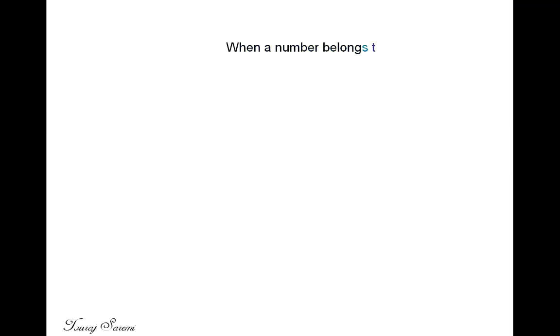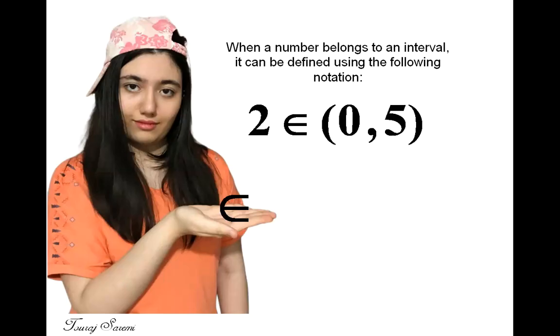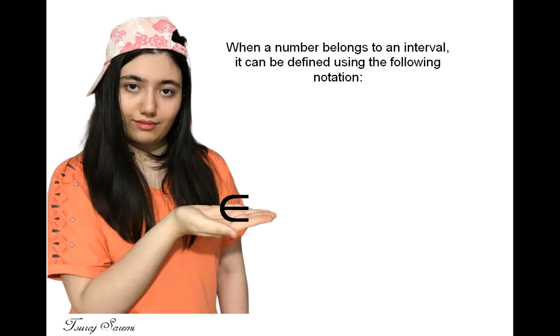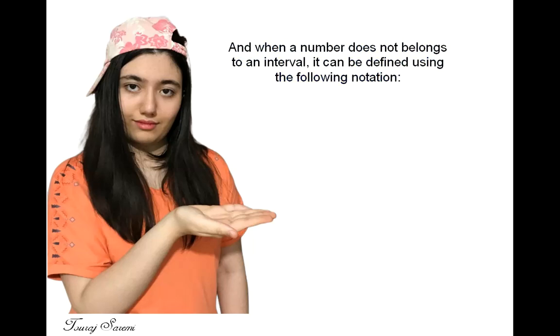When a number belongs to an interval, it can be defined using the following notation. And when a number does not belong to an interval, it can be defined using the following notation.